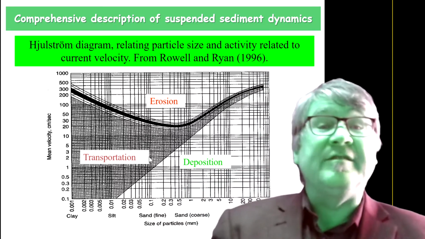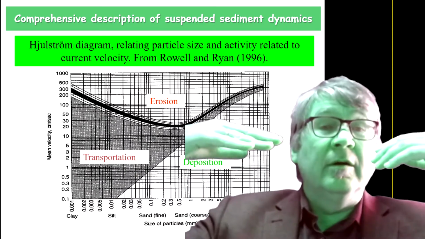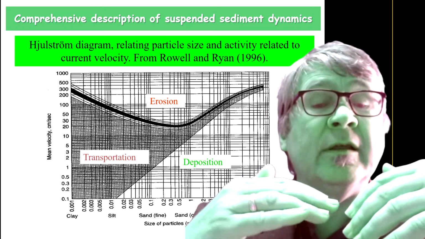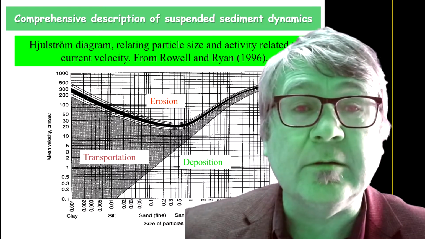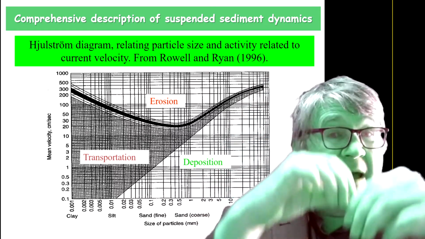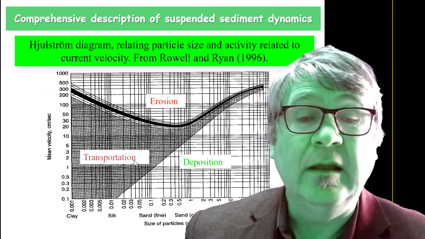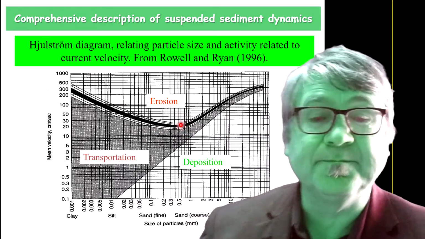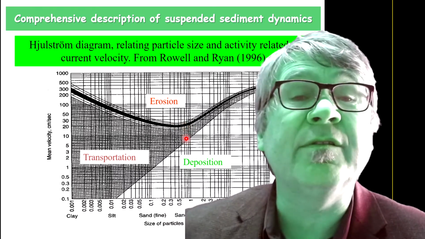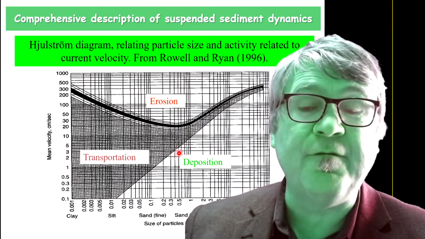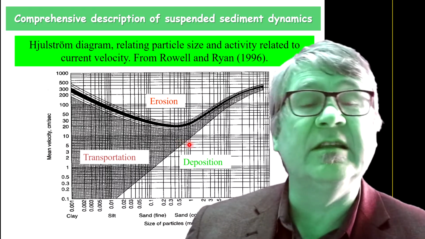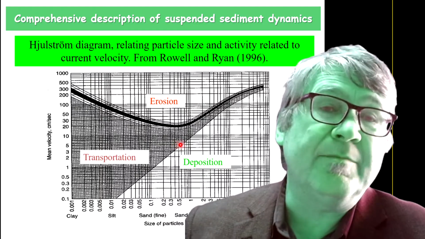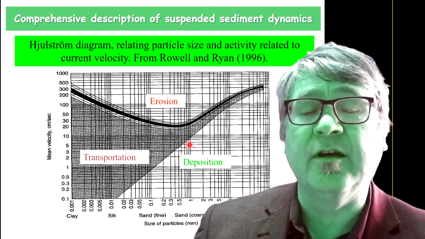So the second feature here is what minimum mean velocity do you need in order to have deposition, so that the sediments fall back onto the seafloor. Let's just look at the medium-sized sand again here. Once the current speed falls below something like 5 centimeters per second, in this limit, the sand becomes deposited on the seafloor again.